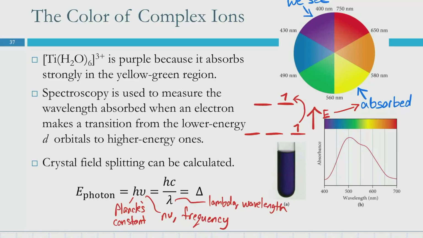And then c is the speed of light in a vacuum. And the delta here is our crystal field splitting energy, our CFSE. Just in case you had forgotten what some of those things were.